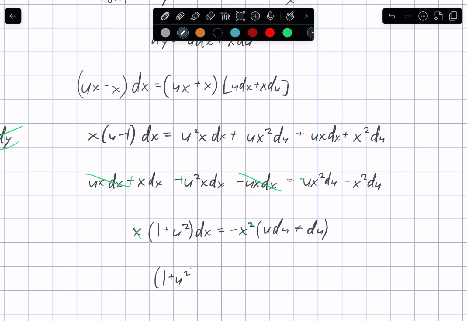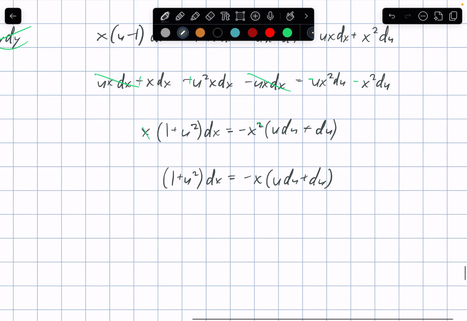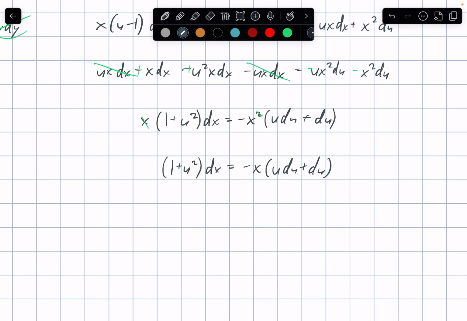So 1 plus u squared dx is equal to negative x times quantity u plus 1 du. Let's factor, no? Okay. Now this is variable separable. Let's divide 1 plus u squared times negative x.